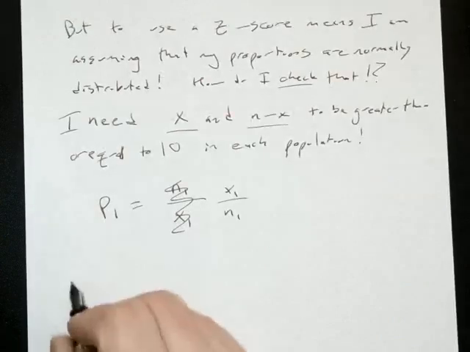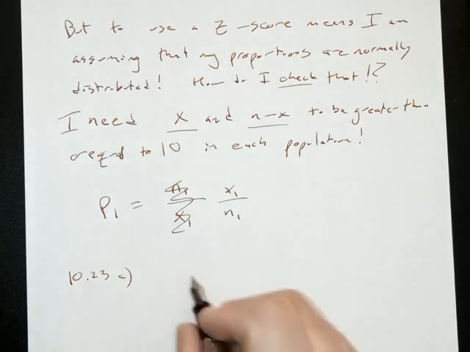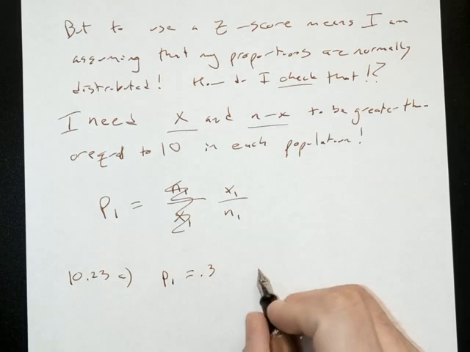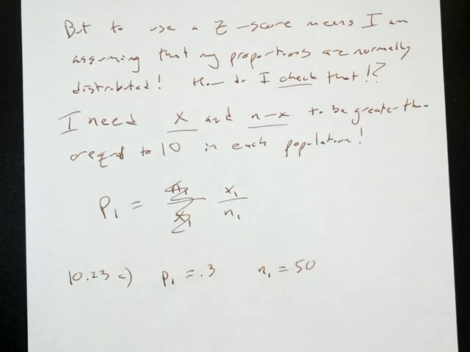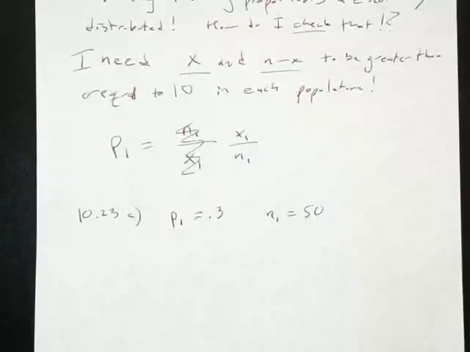So for example, population 1 has a proportion of 0.3 and 50 people in it. Is that proportion normally distributed?